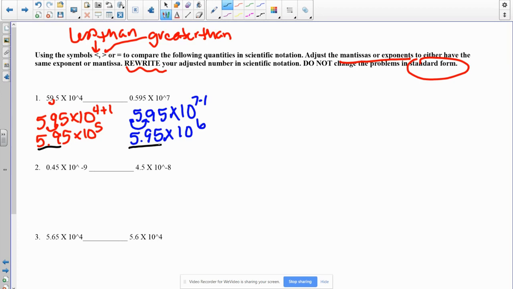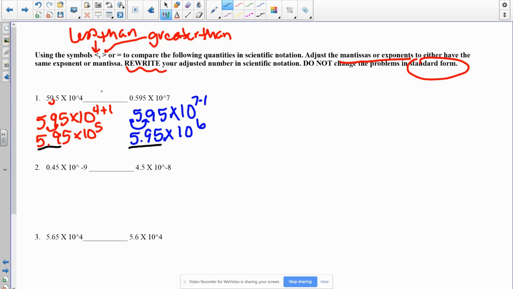I notice that the mantissas are the same, so then I'm going to look at the exponent. Since this exponent is 6, which means I'm going to multiply by 10 six times, and this one is 5, that means I'm going to multiply by 10 five times. Well, then the 6 times is 1 more, so this is greater.